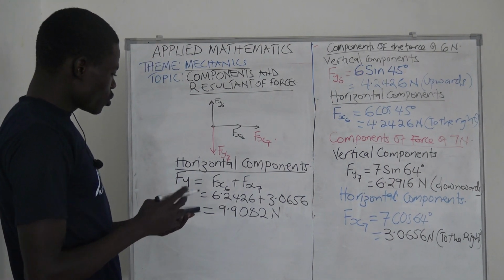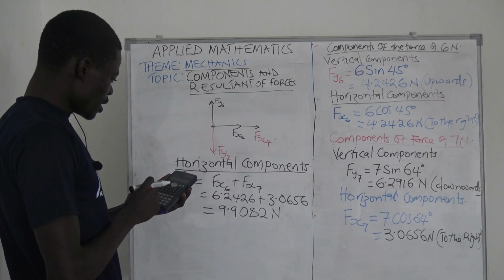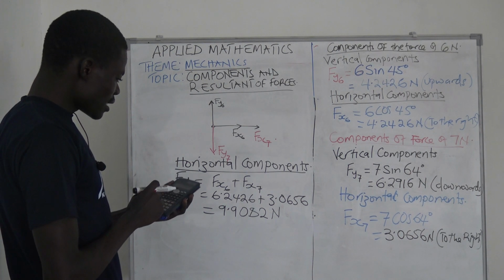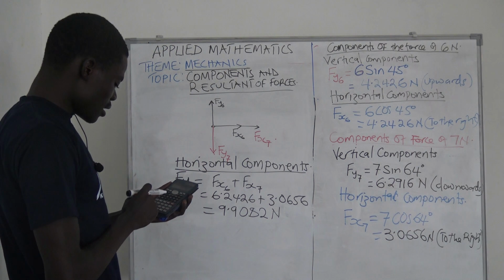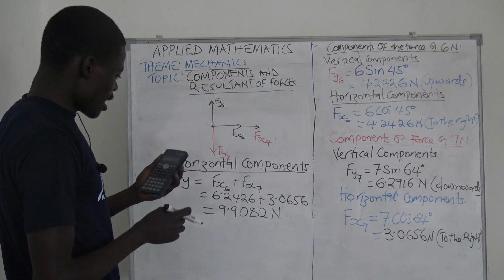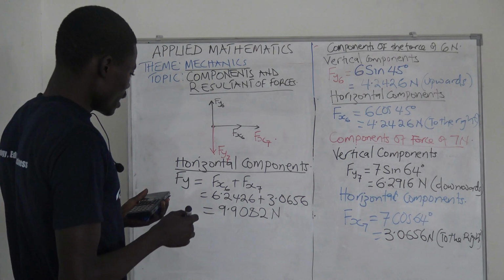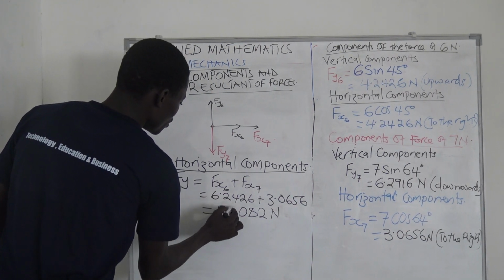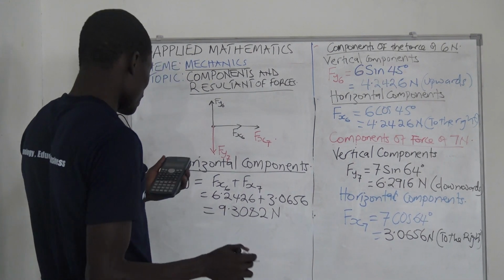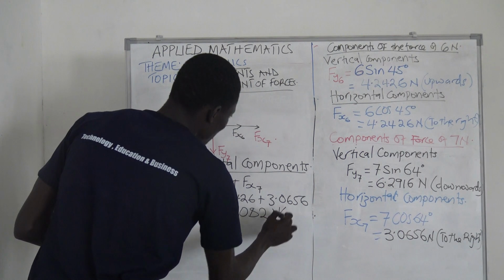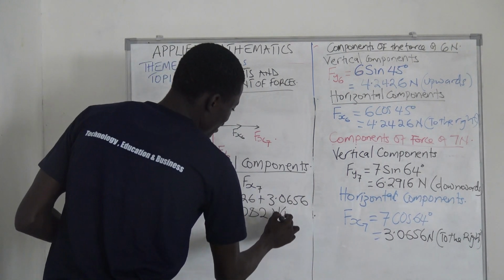So if you are not sure, you can use a calculator: 6.2426 plus 3.0656, you get 9.3082 Newton. This one is acting to the right.